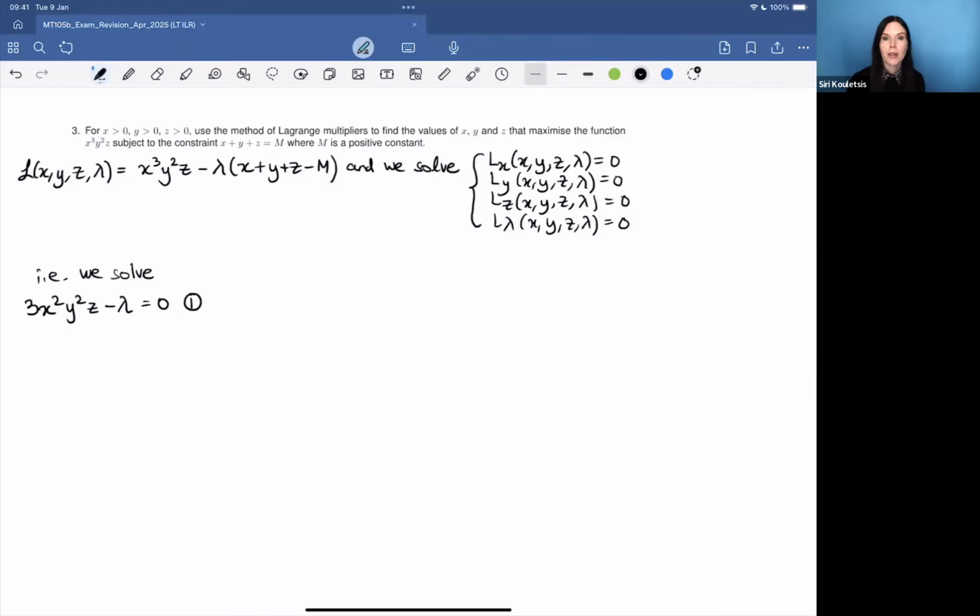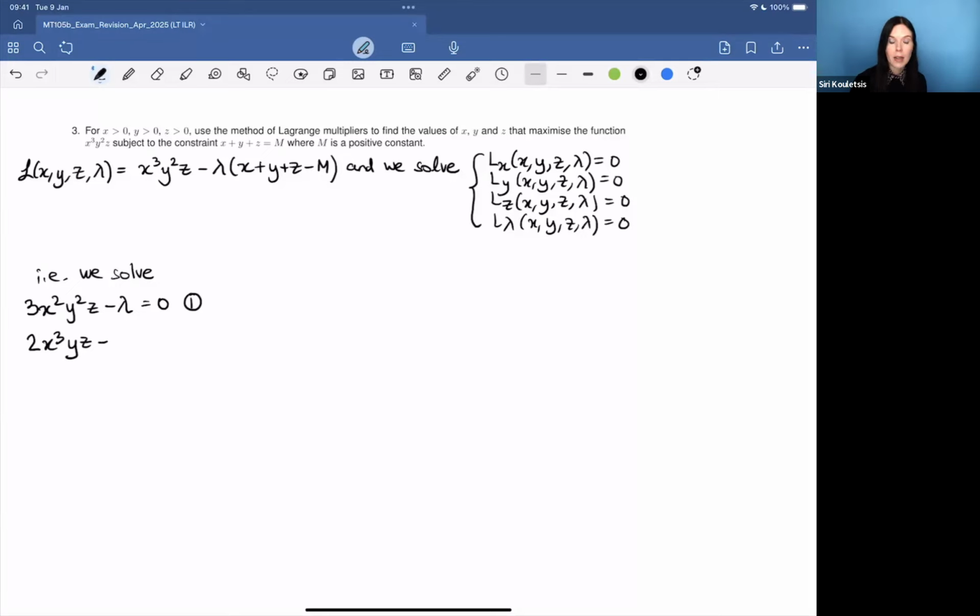Now differentiating the Lagrangian with respect to y, we treat x, z, and lambda as constants. So looking at the first term in the Lagrangian, the power in y squared comes down. The new power of y is 1, and x cubed and z stay as they are, since they are treated as constants.